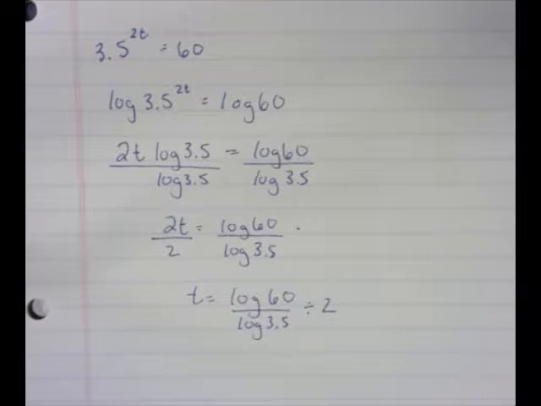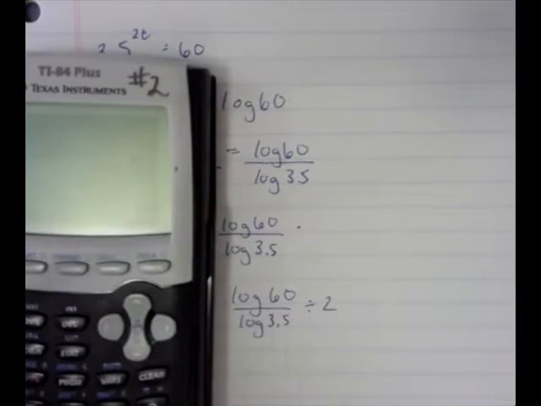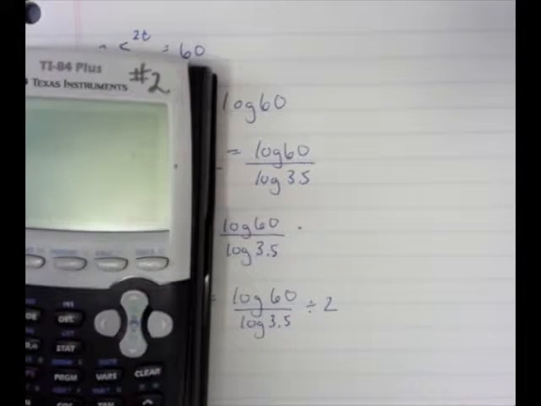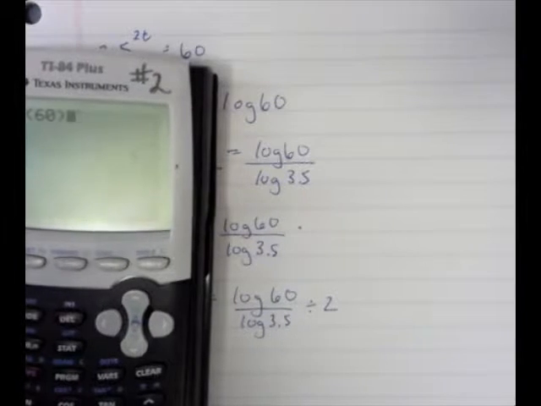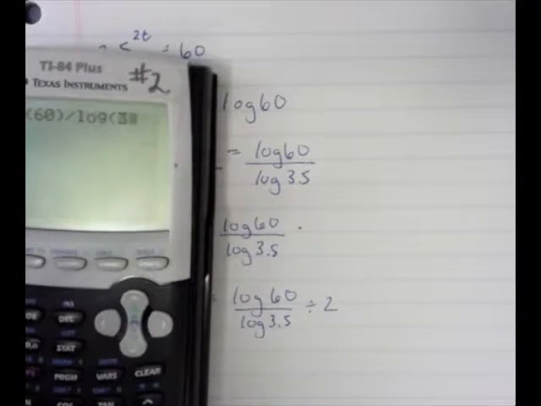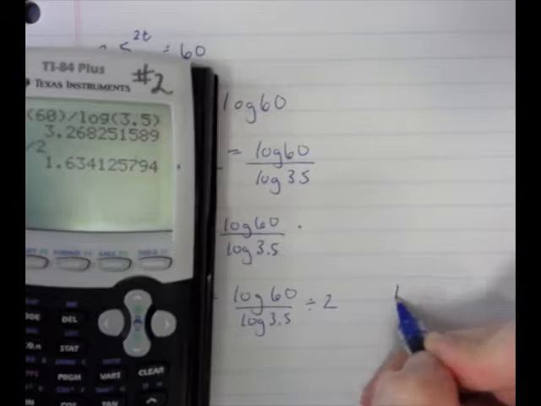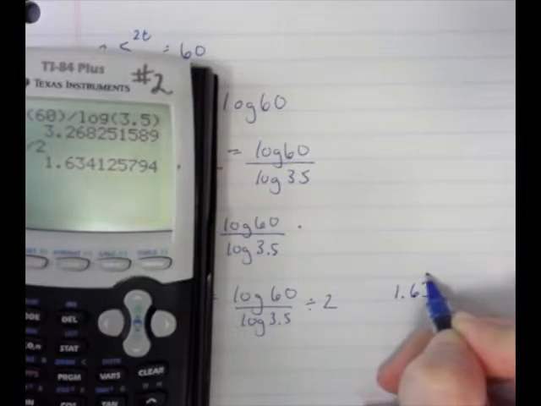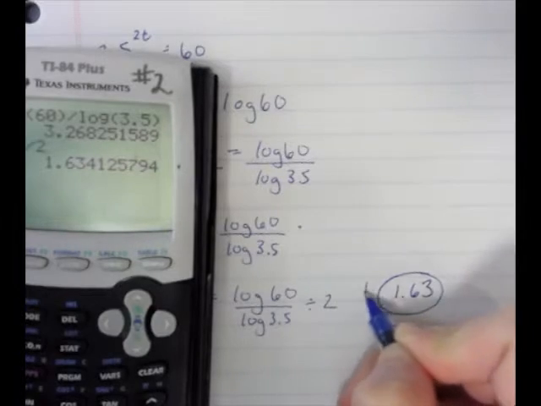So that's what we have to do in order to get that answer. Once we do that, we do log 60 divided by log 3.5 equals this number. I divide that by 2, and I get, to 3 significant digits, 1.63. That would be my t.